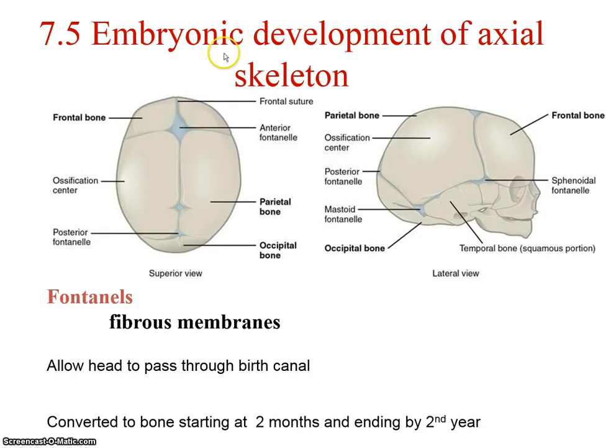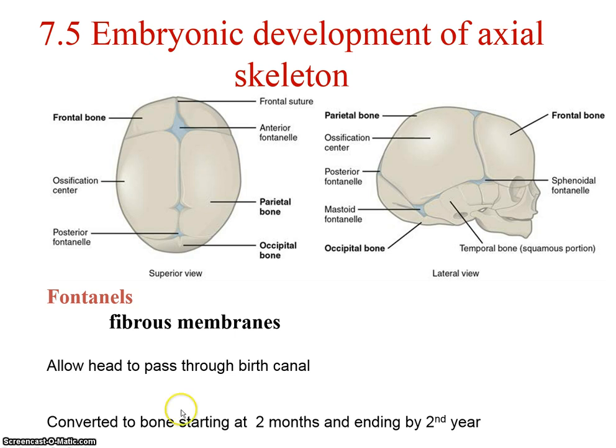Embryonic development: we do have a few last words to say about this. For the skull, we've talked a little bit about ossification in chapter 6, and we're not going to talk a whole lot more about it, but this is a good demonstration. You may recall that the cranium forms through intramembranous ossification, so it starts off as sheets of dense connective tissue and not cartilage.